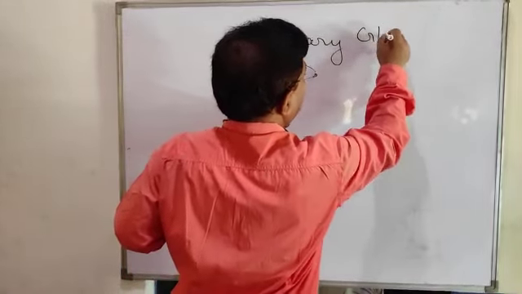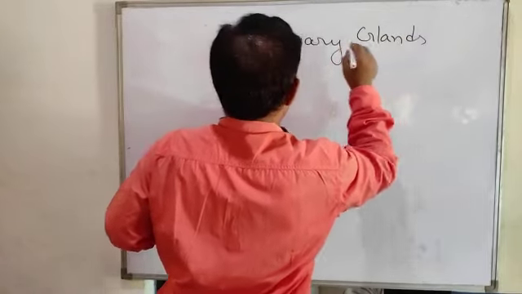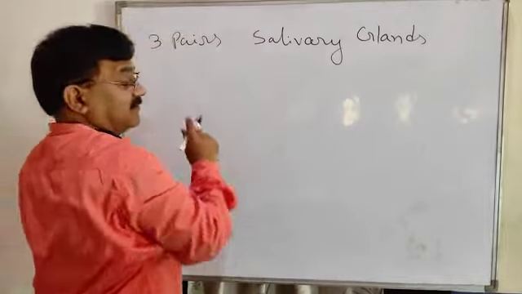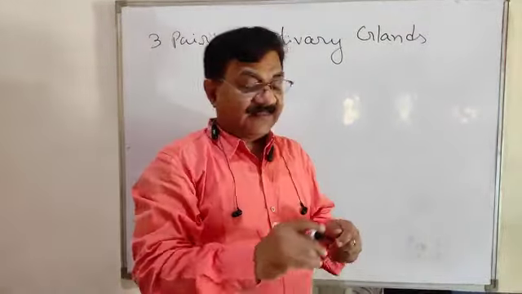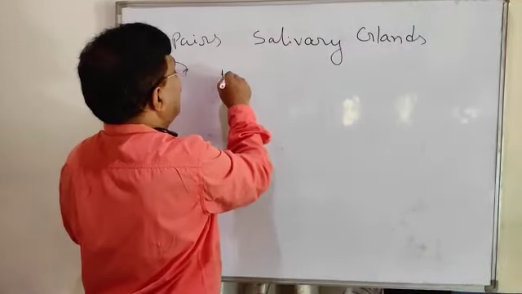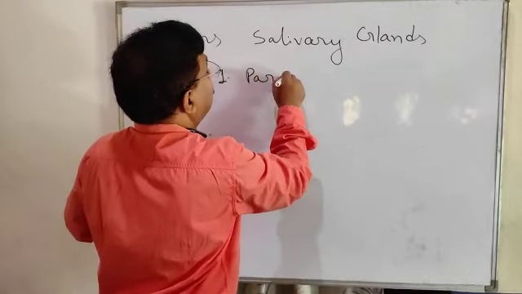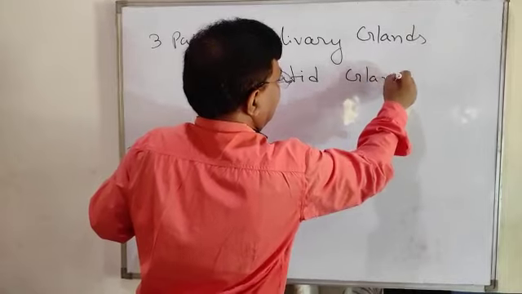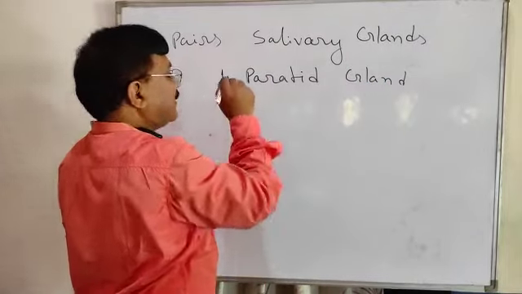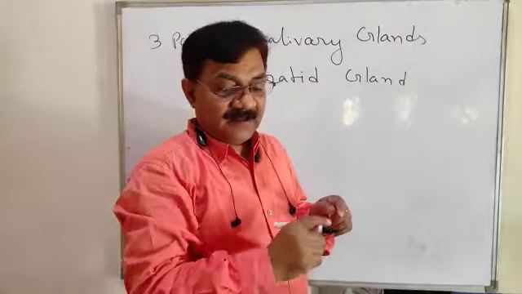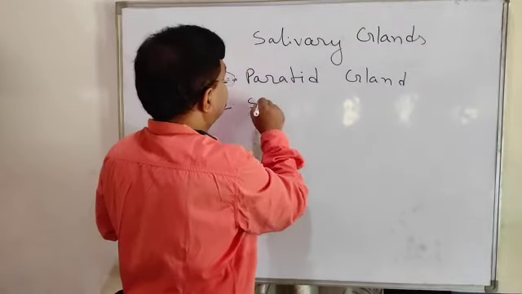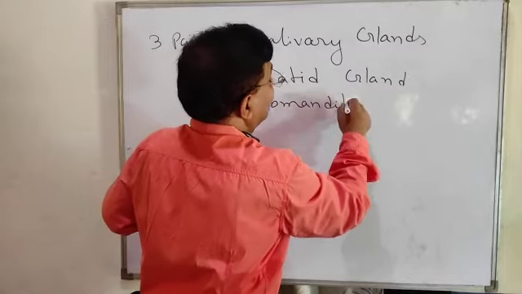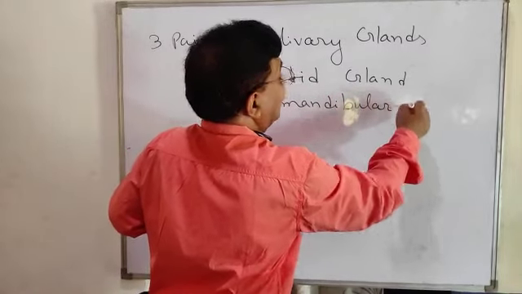There are 3 pairs of salivary glands. 3 pairs means total 6. Number 1 is the parotid gland. Second is the submandibular gland.